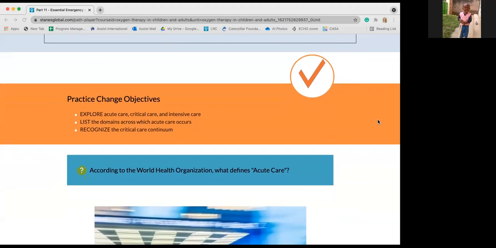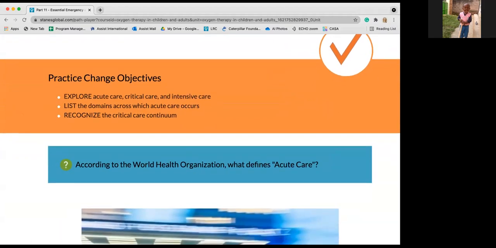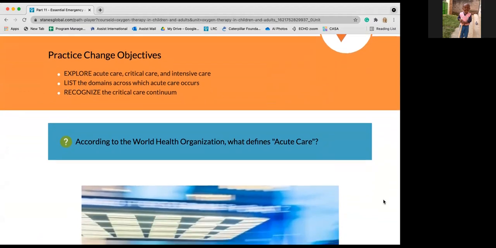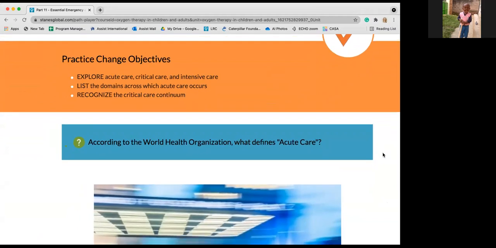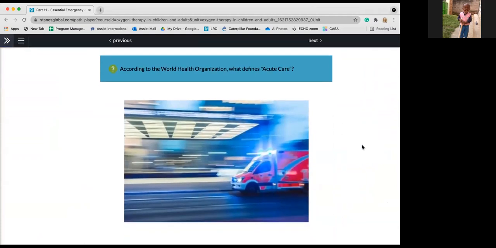Here we have the practice change objectives. We explore acute care, critical care, and intensive care. Then we list the domains across which acute care occurs, and we recognize the critical care continuum. According to WHO, what defines acute care?